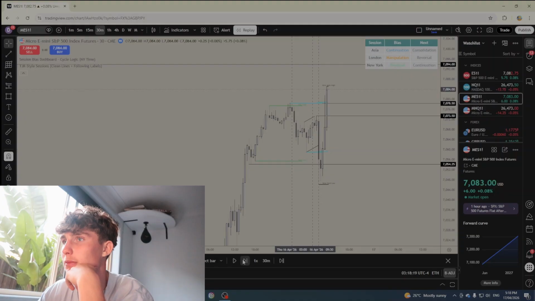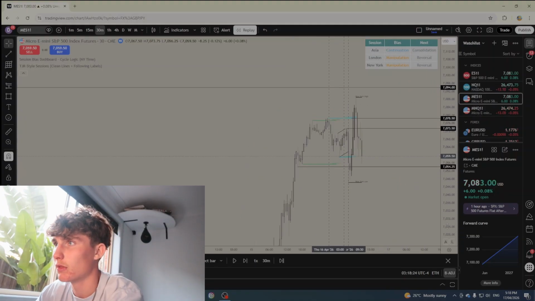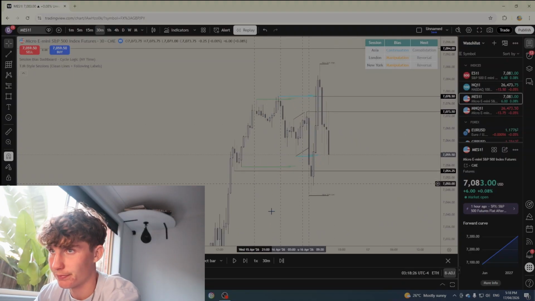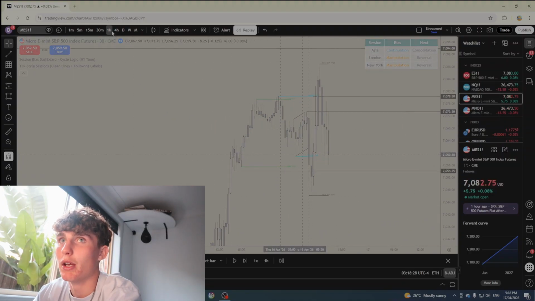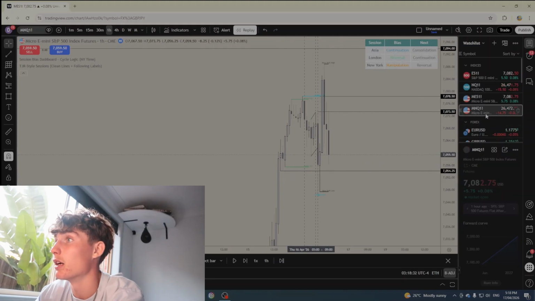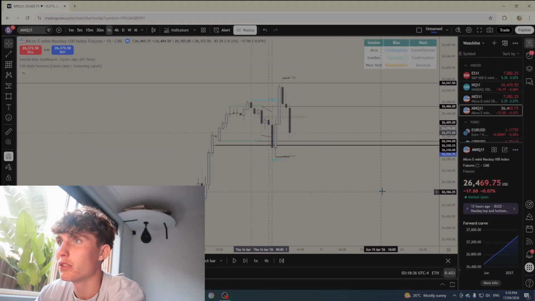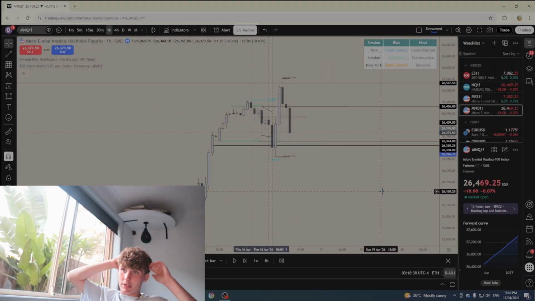It's just simple, and we end up going to take it out. But me ignoring that hourly low down here and not marking it out was probably not smart. It's more about getting used to marking everything out and not missing stuff.